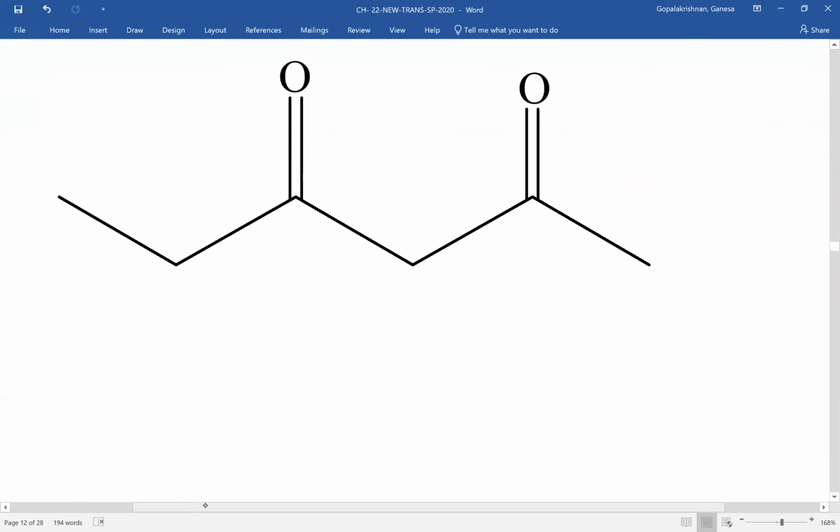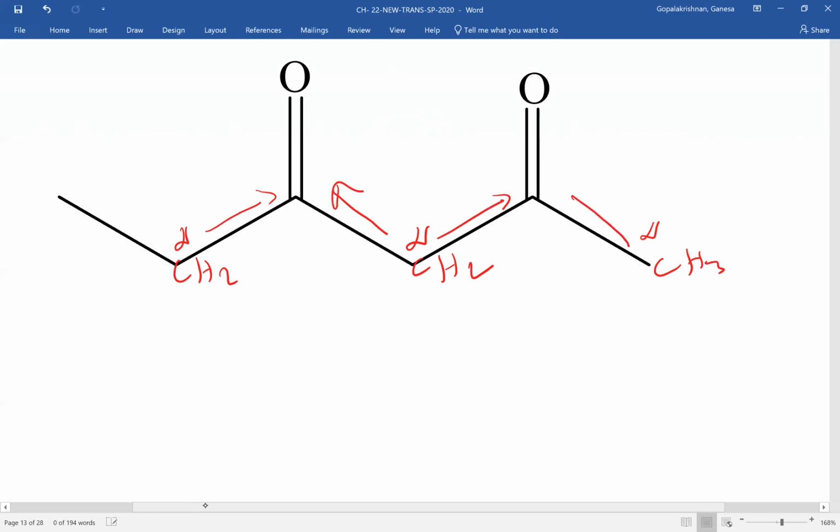So in these examples, this alpha carbon has CH2, this alpha has CH2, and this alpha has CH3. Each has an inductive effect, but this one has two inductive effects operating on it, minus I. As a result, this will be the most acidic of the three.